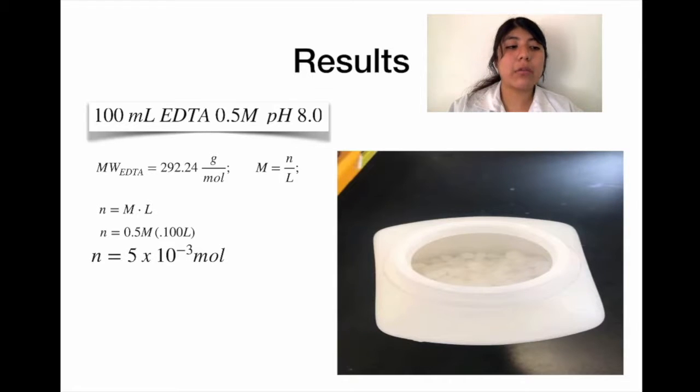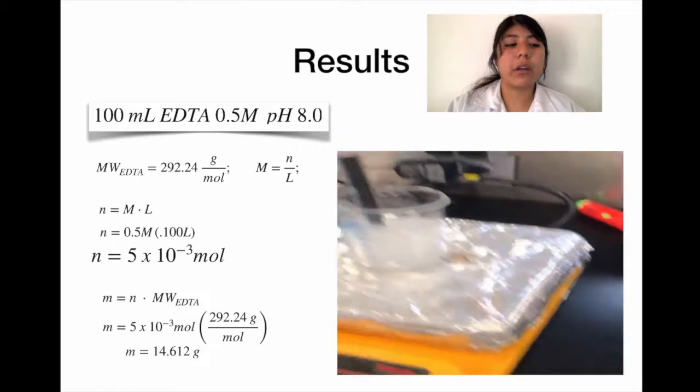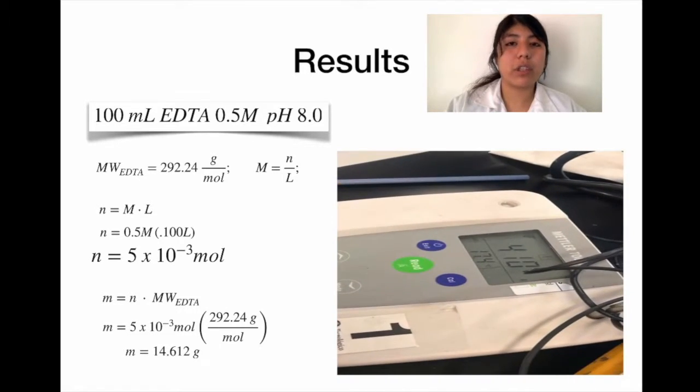And using this value, the number of grams can be calculated by the formula mass equals moles times molecular weight. For the preparation of the solution, as mentioned before, grams of EDTA are dissolved in 70 ml of water with the help of the hot plate with magnetic stirrer, and pH is adjusted with sodium hydroxide beads.